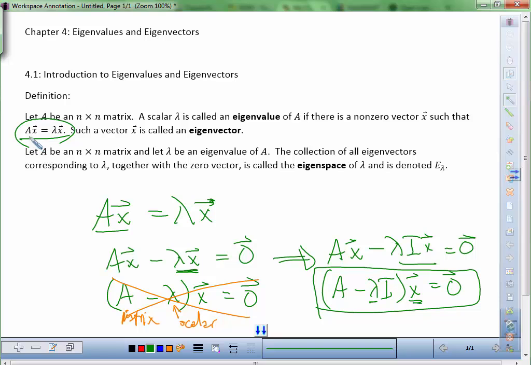By definition, Ax equals lambda x is the definition that they give us for the eigenvalue and eigenvector. But if we were to find it, our working definition will be this. Okay. Yeah, so eigenvalues and eigenvectors only work for square matrices.